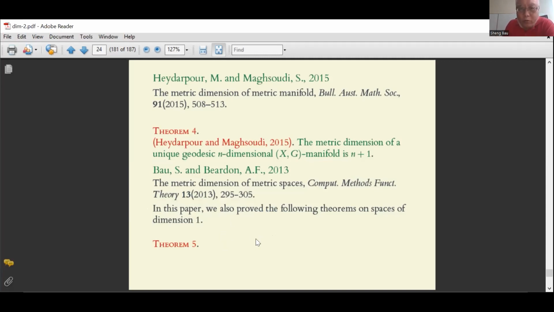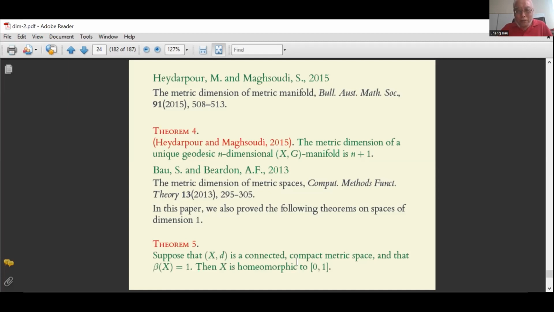Of course, that is true, but we did determine all topological spaces of metric dimension 1. That is one of the tiny results in this paper, but that result was not quite ideal, as I managed to discover later. But anyway, this is the result.